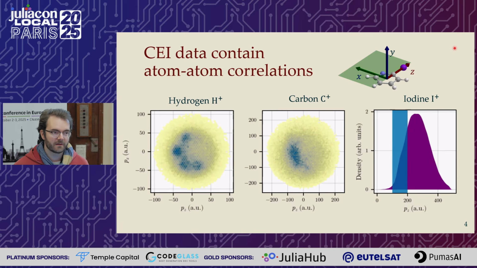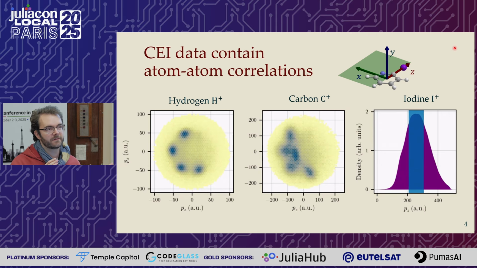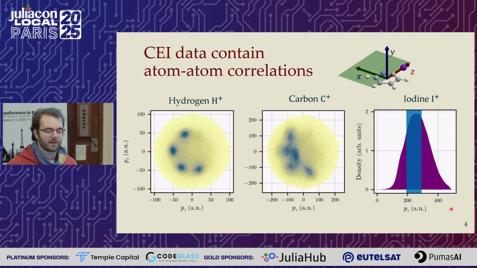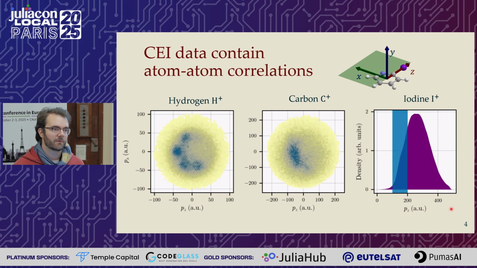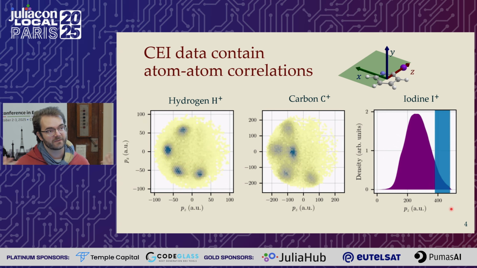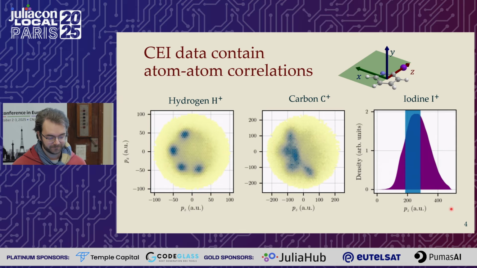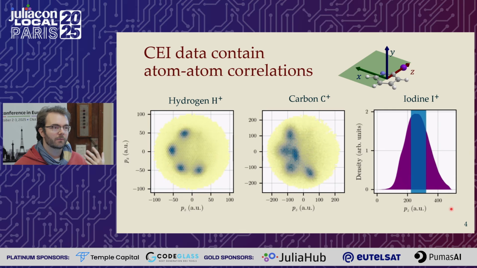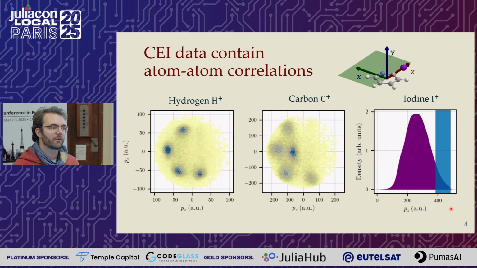And what you see is that when iodine is fast, with big velocity, essentially all the other fragments are also fast. And when iodine is slow, everything else is slow, which simply shows that there is some level of correlation between how things are moving, or how things are measured. And we ask a very simple question: how can we find all the interesting correlations in that kind of data?